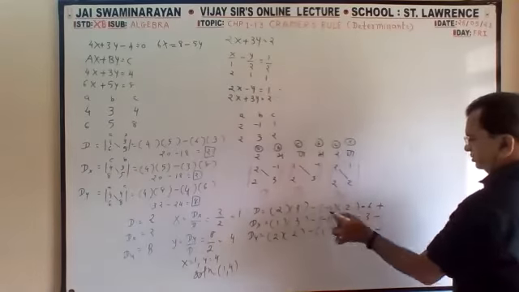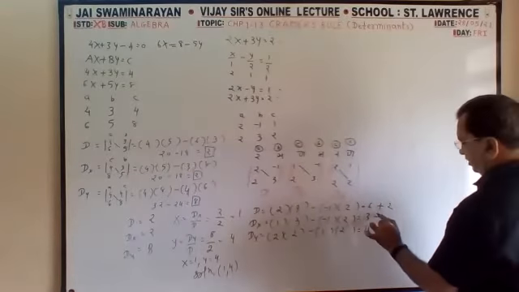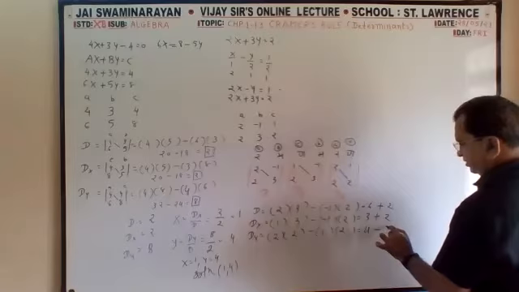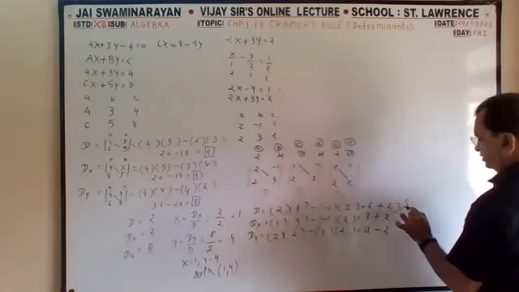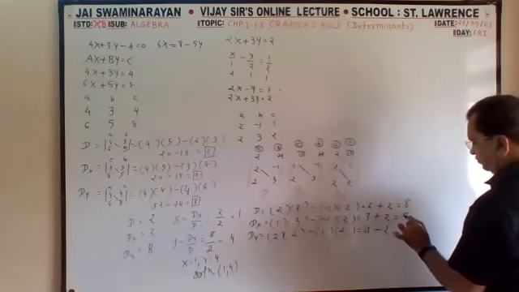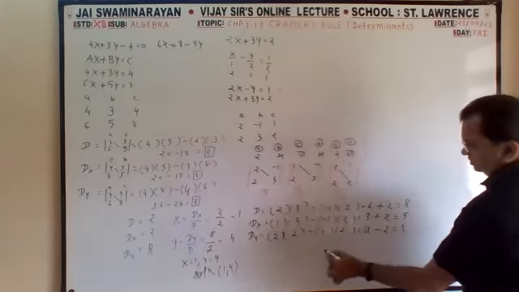Minus minus plus, 2 ones are 2, minus only 2, so it is 8, it is 5, it is 3.